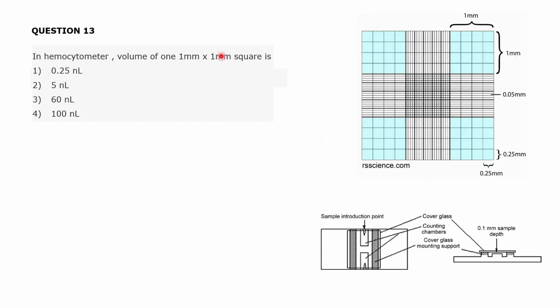Coming up to question number 13. In a hemocytometer, the volume of a 1 millimeter by 1 millimeter square is which might be the answer? They are asking about the volume. This is a hemocytometer.